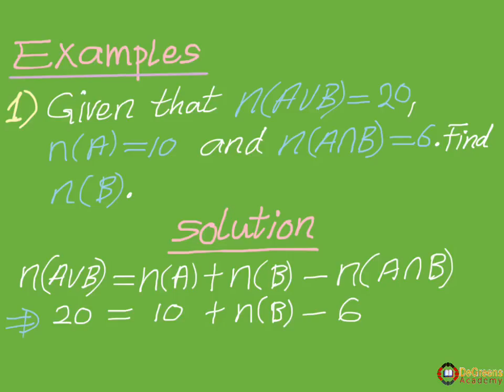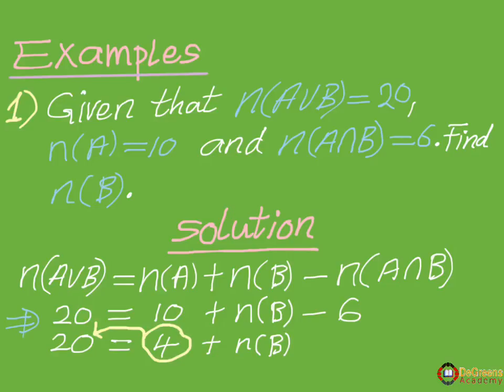Now 10 and negative 6 are like terms on the right hand side. So 10 minus 6 will give 4. So that will give 20 is equal to 4 plus the cardinal number of B. Our aim is to find the cardinal number of B, which means the cardinal number of B should be on one side of the equation. So we write 20 and 4 on one side.